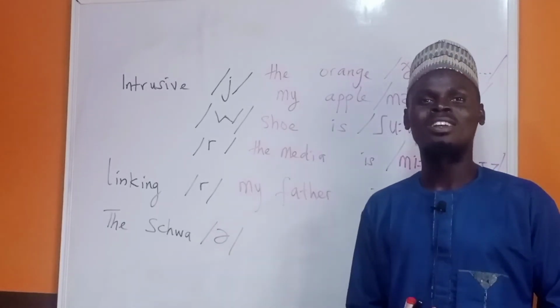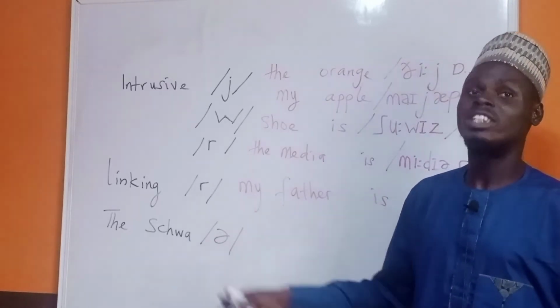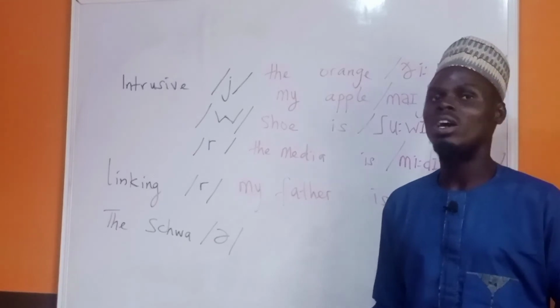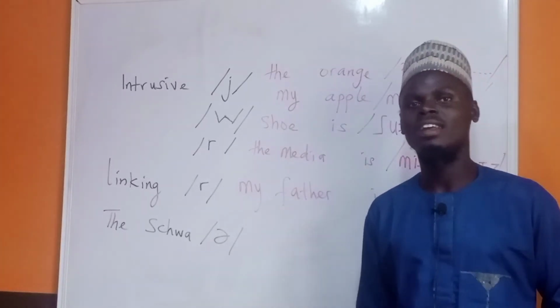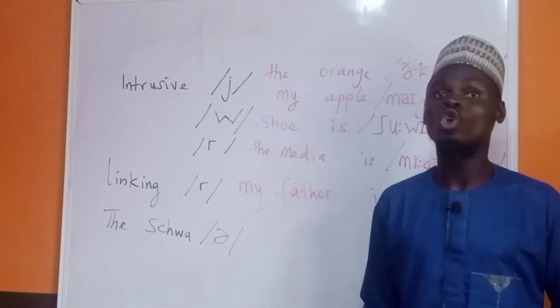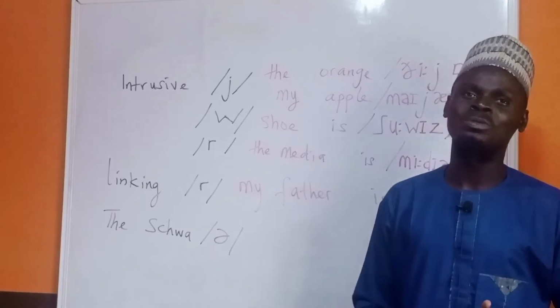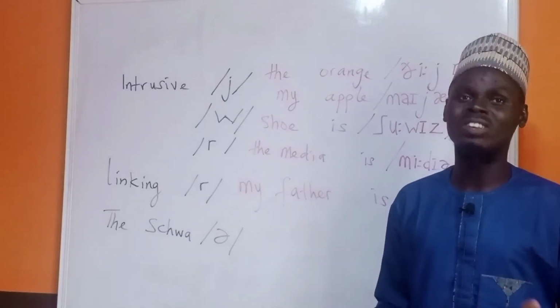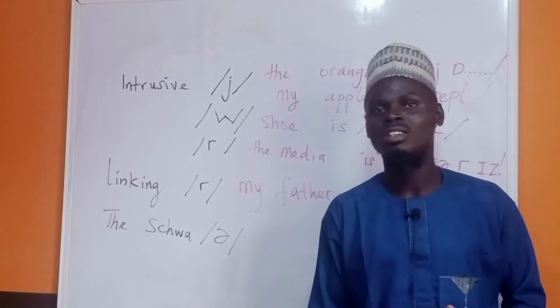That's the schwa. Also, this sound can be pronounced when we have letter U. Just as we have in suppose. Suppose you're supposed to be there. Supposed, you don't say supposed. Supposed, you pronounce the schwa through the letter U. Likewise, when you have letter E, as we have in generation, you don't say generation.